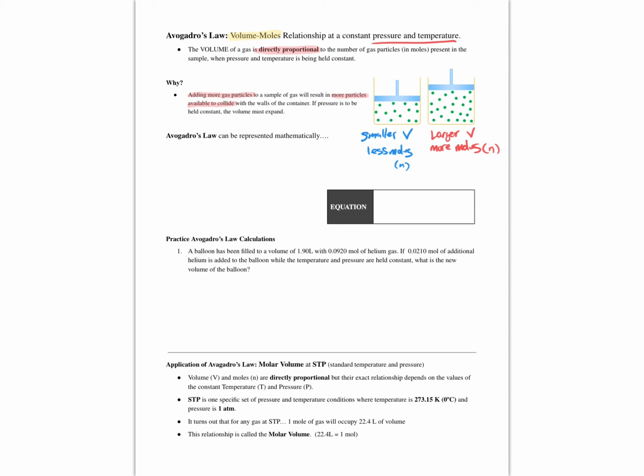As we've already seen in the last two direct proportional relationships, we can represent this mathematically as the volume divided by moles, which is N, is equal to some constant of proportionality.